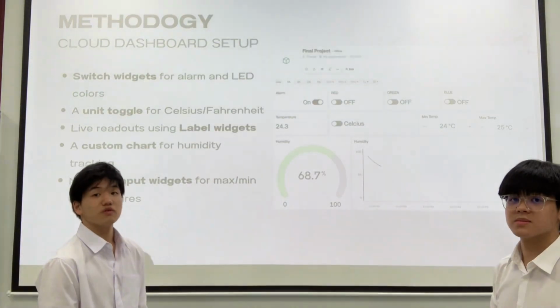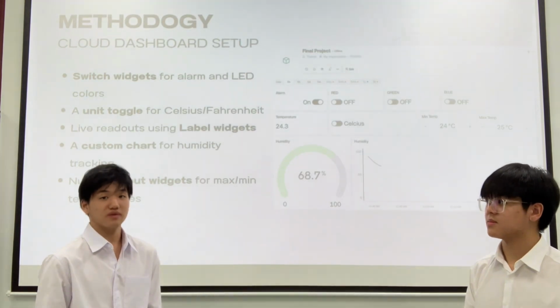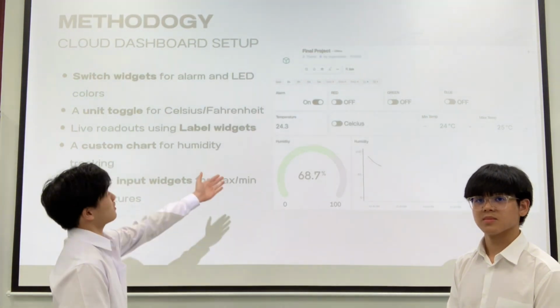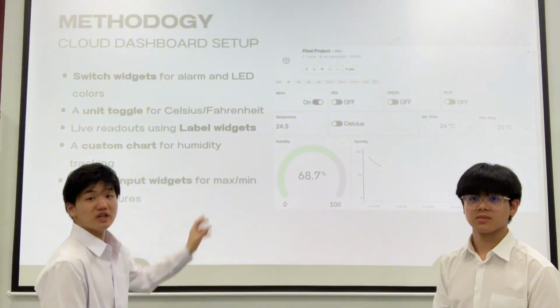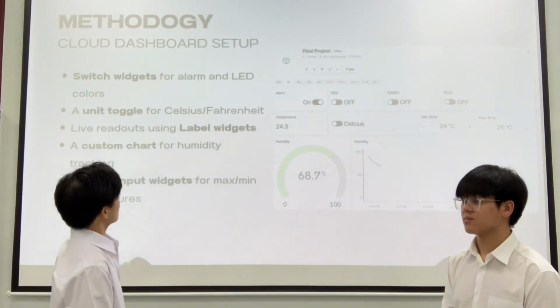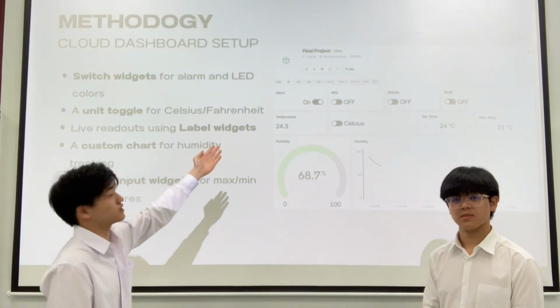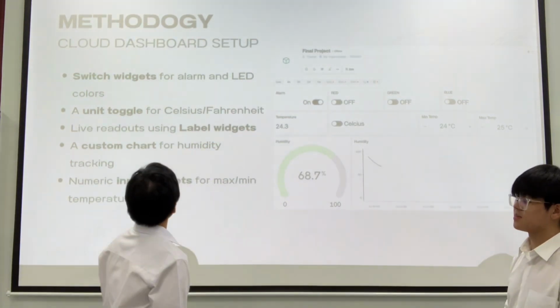For the software setup, it is mostly about setting up the Blynk IoT system, the Blynk cloud system. As you can see on the board, switch widgets are utilized to control each component connected to the M5 Stack. On the first row, we can see the switch widget to control the alarm for the first task, including the other three widgets to control the LED.